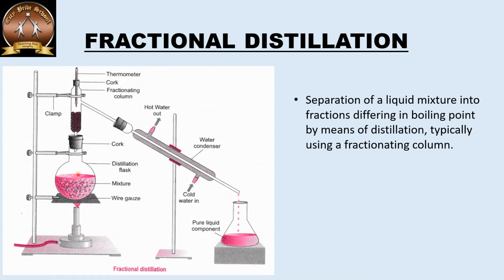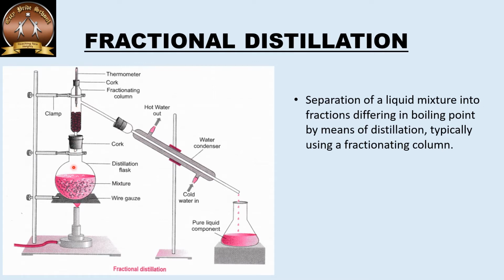Similarly, at the same time, some of the vapor of liquid B, which has a higher boiling point, would also get generated. So there would be movement of liquid B also in the upward direction. But as the boiling point of liquid A is lower, more and more concentration of liquid A would get accumulated over here in the gaseous state.